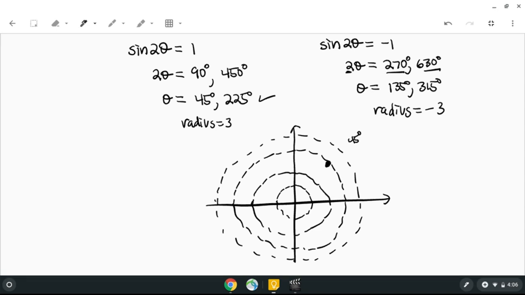And 225 degrees is over here in quadrant 3. Facing 225 degrees, march forward 3: 1, 2, 3.